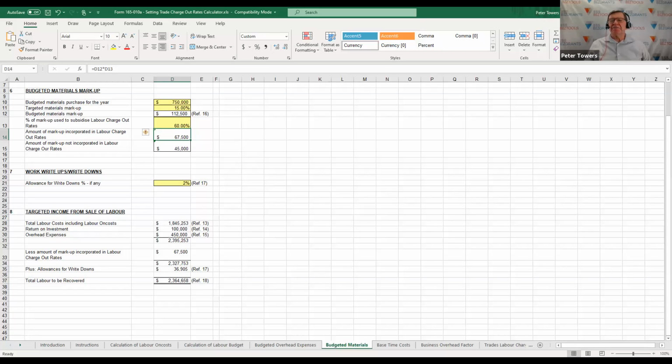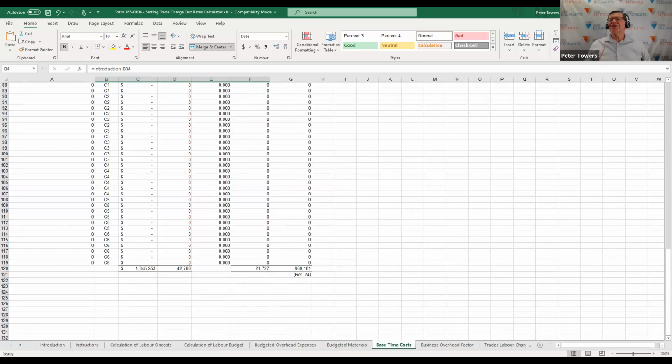And then we want to recover allowances for write-downs. So we said that they were 2%. So that's 36,905. So the target to recover in labor is 2,364,000. You might have nothing there for the allowances for write-downs. You just ignore that if you don't want to put that into the calculations.